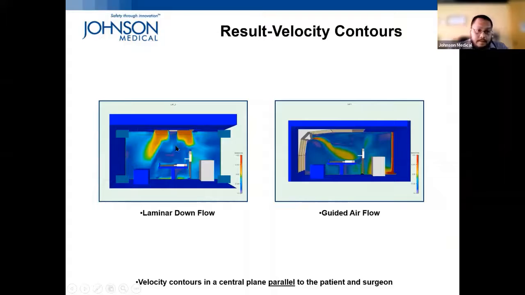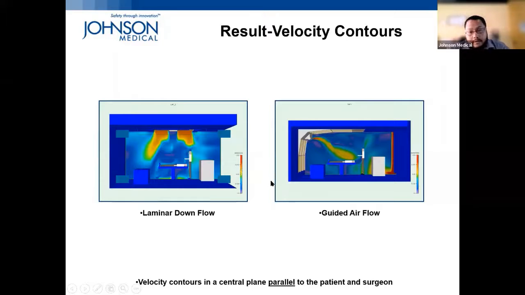You can see the laminar airflow coming from above has very high velocity, and it's quite turbulent, and not much of the clean air actually reaches the patient, because you need to consider that there is an OT light, there's a surgeon there, and also other equipment that might block and cause other turbulence.